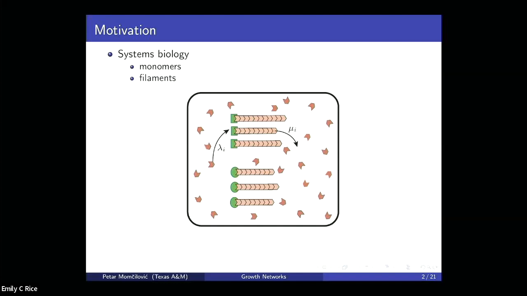And only the outermost detaches, or can they all detach? Yes, only the outermost detaches. That's a good point. There are other models with different kinds of detachment, but in this particular model, the outermost one detaches, one at a time.